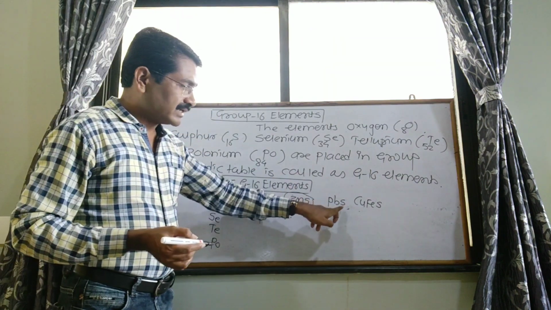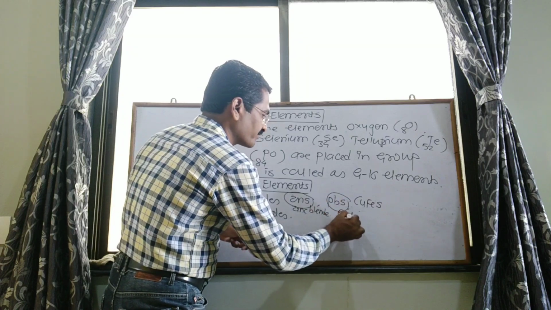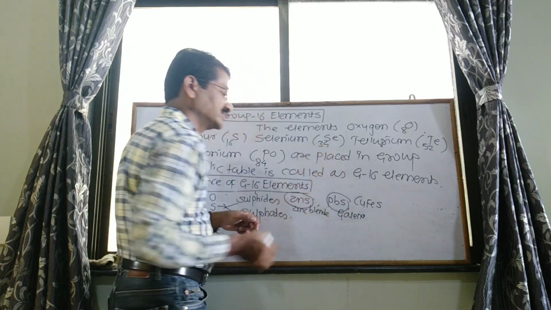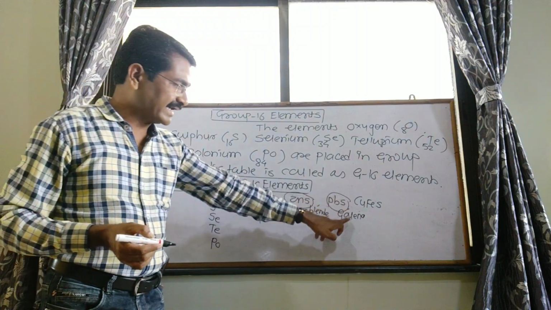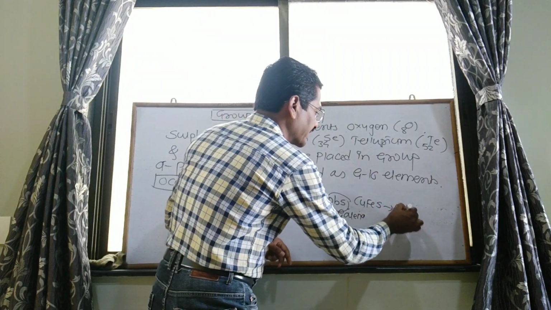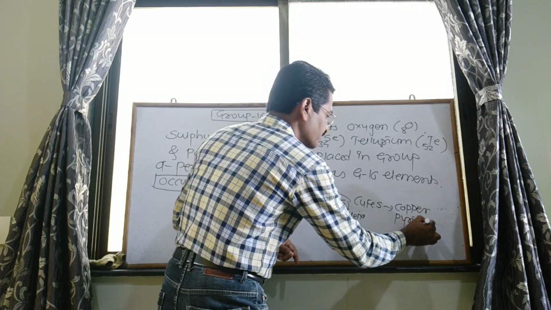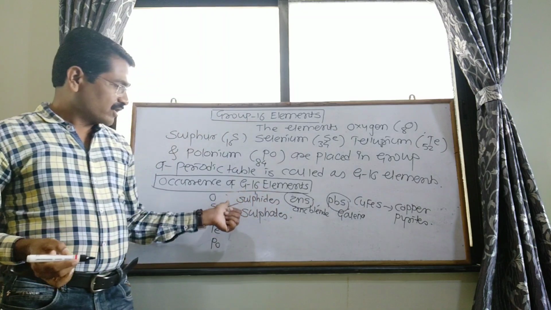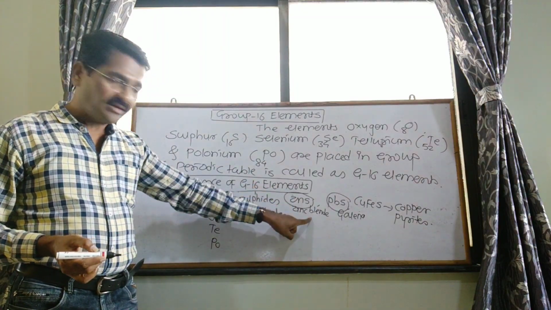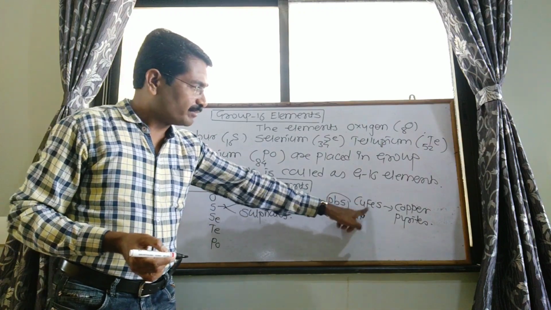Lead sulfide is called galena. Copper sulfide is called copper pyrites.